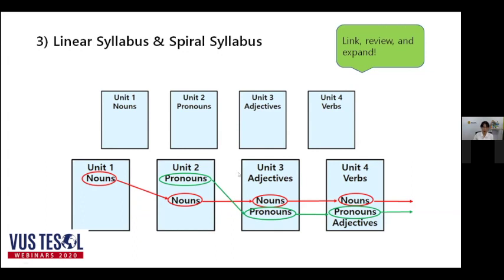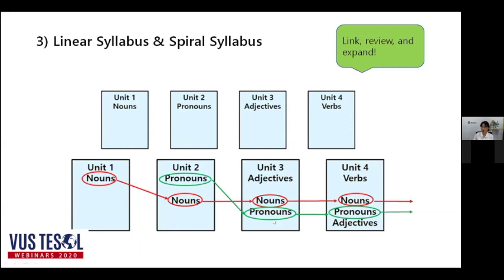But if you look at the spiral syllabus, Unit 1, nouns. In Unit 2, the new target is pronouns, but you also review nouns here. You link together and practice together and review. In Unit 3, the new target is adjectives, but you do nouns again and you also do pronouns.